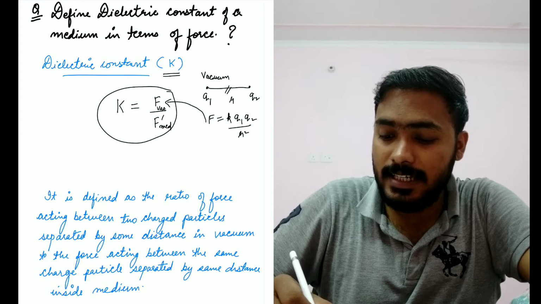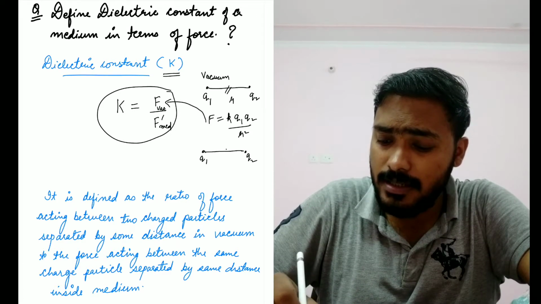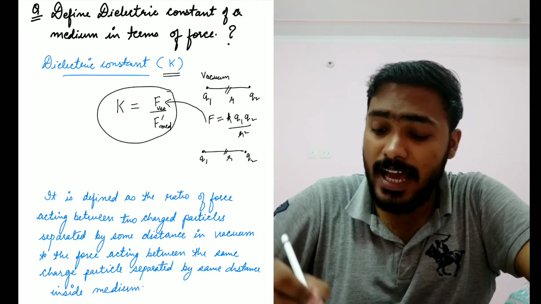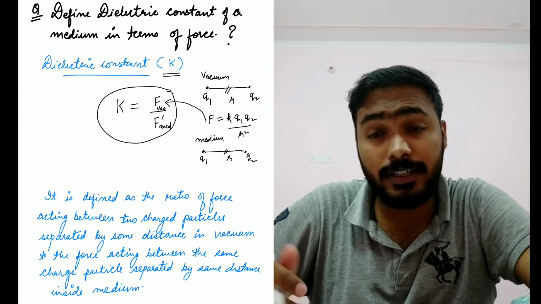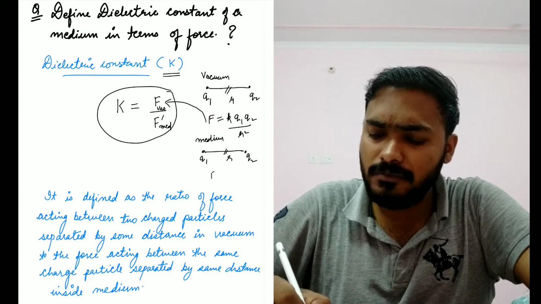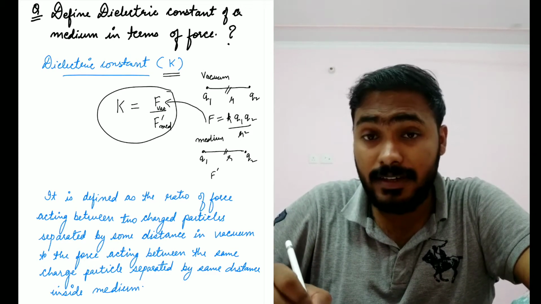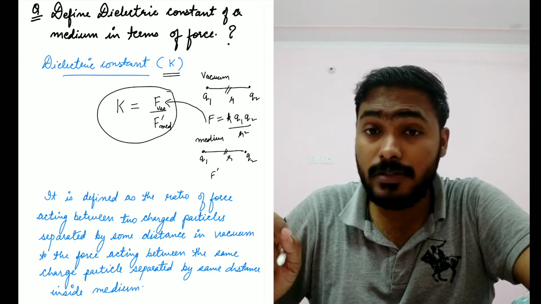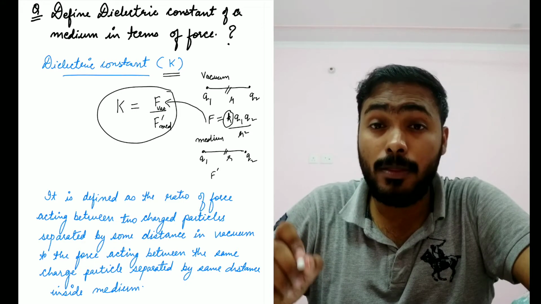Now in the second case, we are talking about the same charges separated by the same distance. The only difference this time is, instead of vacuum, I have a medium. The medium can be anything. It can be glass, it can be water, it can be metal, whatever medium you want to take. The moment you introduce a medium instead of vacuum, the force of interaction will not be the same as the previous one, because we have studied in Coulomb's law that this constant K depends upon the medium.